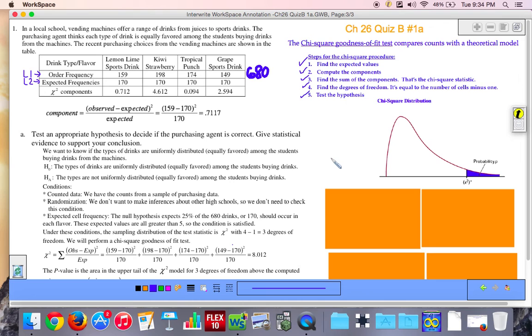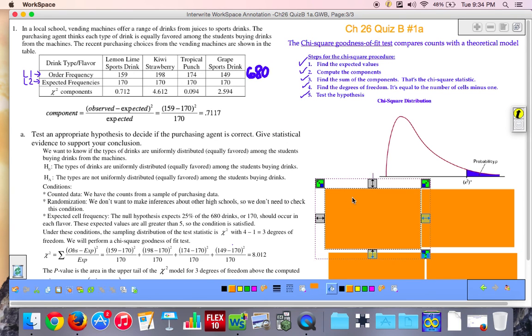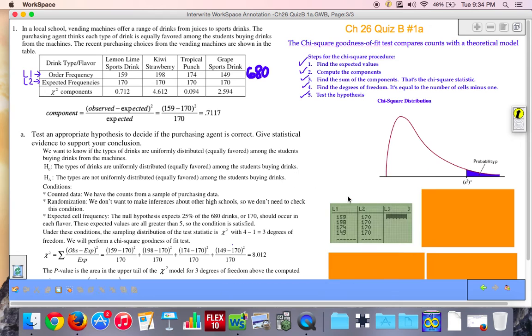Okay, so let's go over some calculator shortcuts I thought you would enjoy. I asked you earlier to put these four numbers in list 1 and these four expected values in list 2. So here are my list 1 and my list 2.